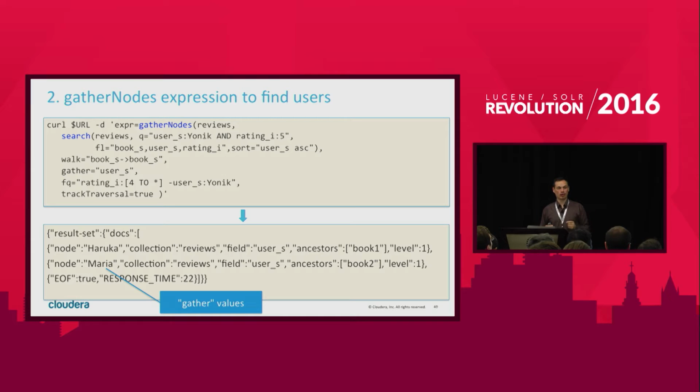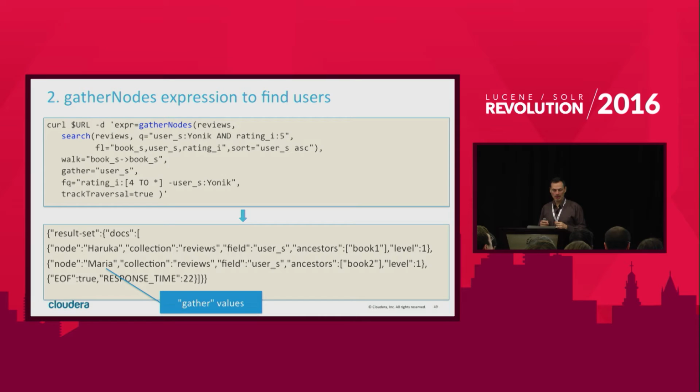But we have this fq parameter, so we're only doing it for things that pass this filter query. And the filter query is: has to have a high rating, and has to not be me. And we also do this trackTraversal true. That's optional, and that just adds the ancestors in the example here, just to tell you where you came from.